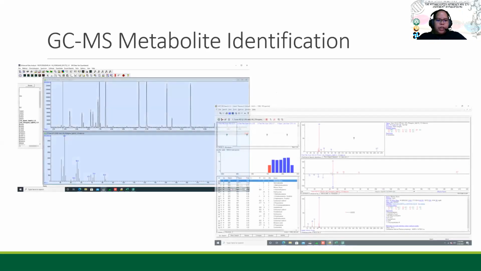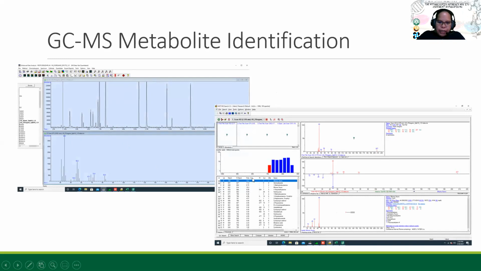So this is just to show you an example of, from your chromatogram, you can identify at a particular point your mass spectra for that particular peak. And from there, you'll be able to search the database, the NIST library, for possible identities of that peak.